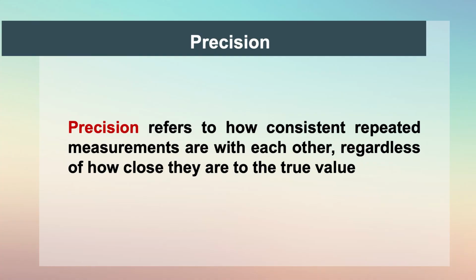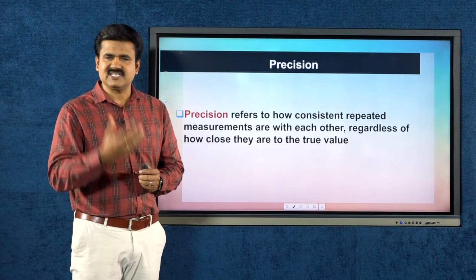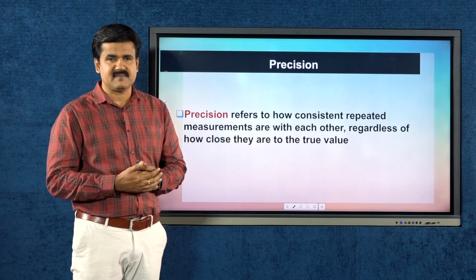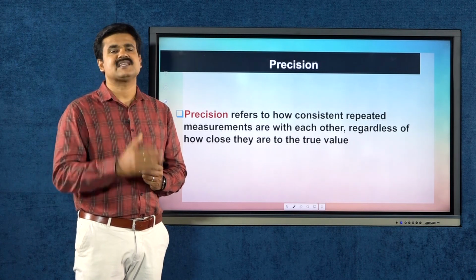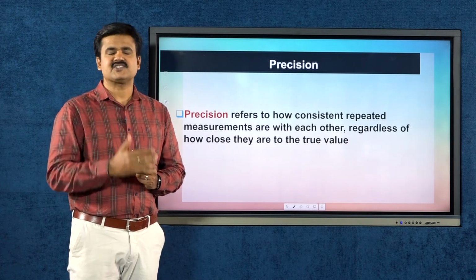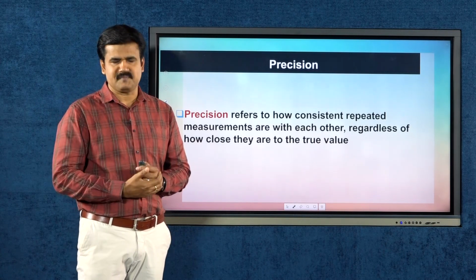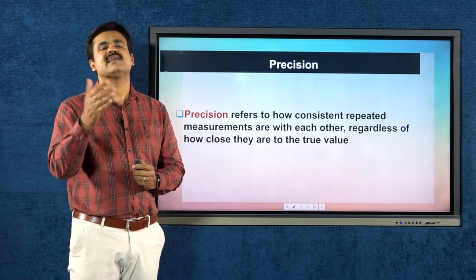Precision refers to how consistent repeated measurements are with each other, regardless of how close they are to the true value. Suppose I measured acceleration due to gravity by the simple pendulum experiment 3 times. So, I got 3 values.